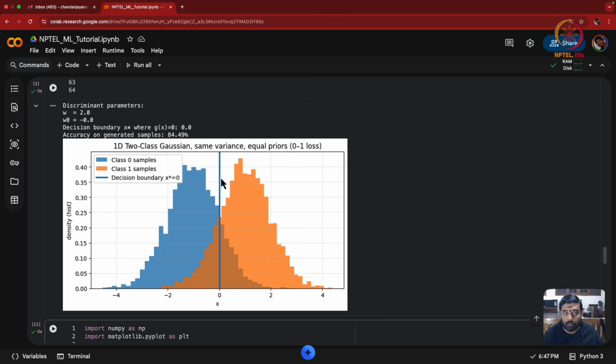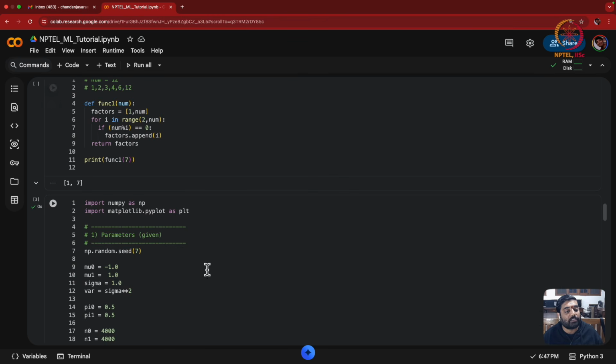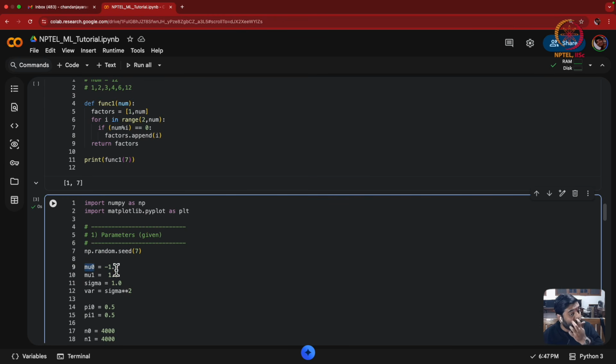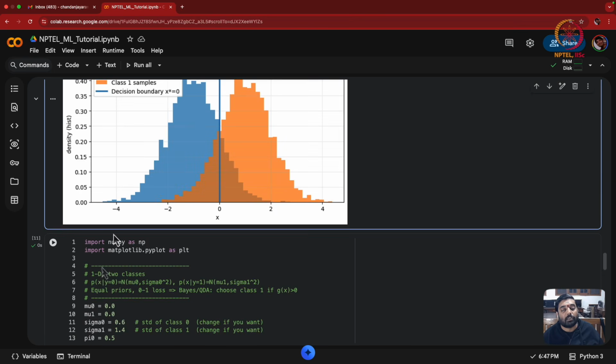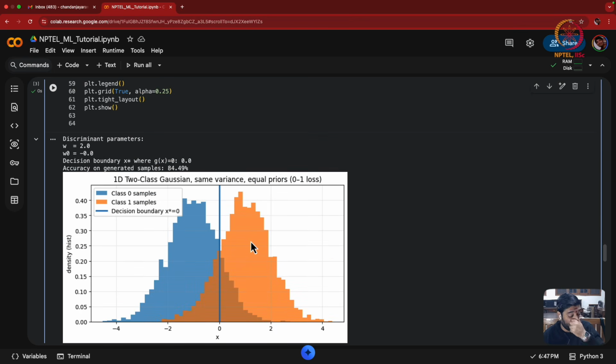I assume that all of you can appreciate this. The samples that I have generated have mu 0 taken as -1 and mu 1 taken as 1. This will be the optimal classifier that I have.